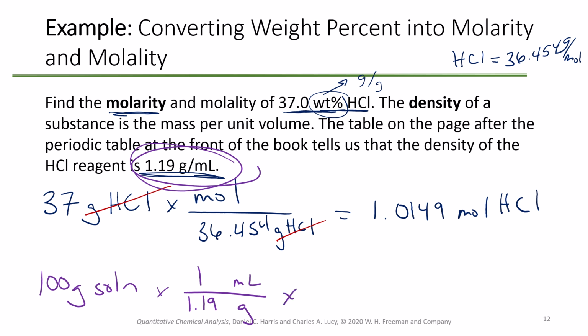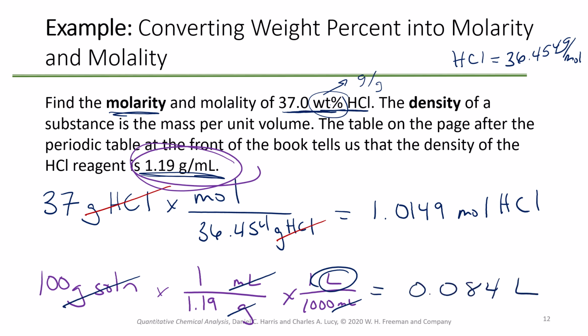And then lastly, I need to have it in liters because molarity is moles per liter. Sorry, 1 liter. Okay, so everything should cancel and my answer will be in liters. Okay, the last step is to divide them into each other. 1.04149 divided by 0.084 will give you 12.1 molar.